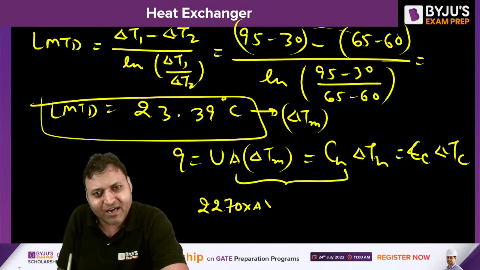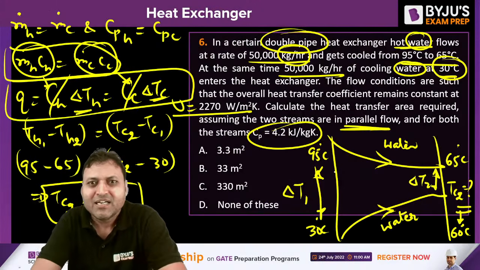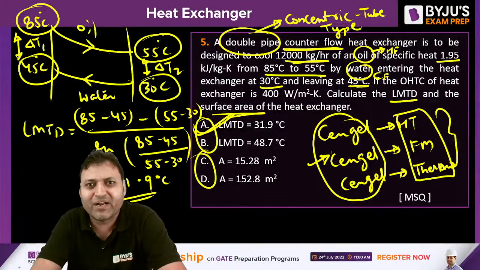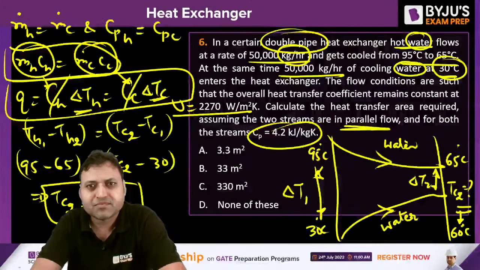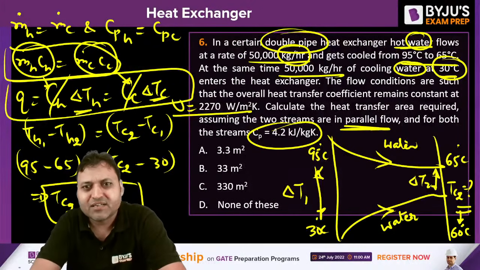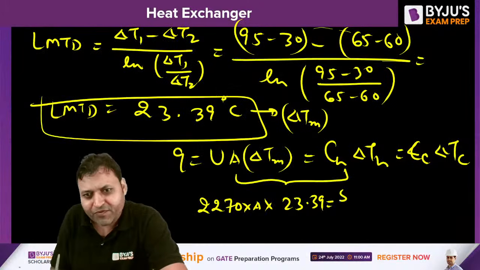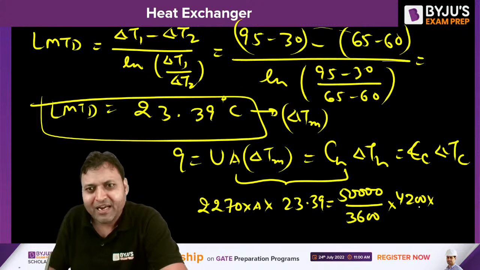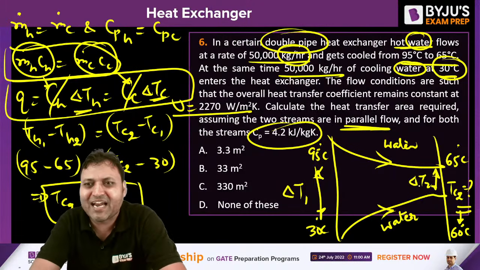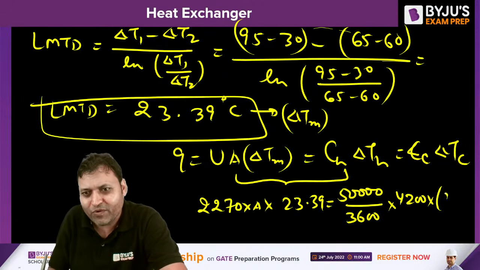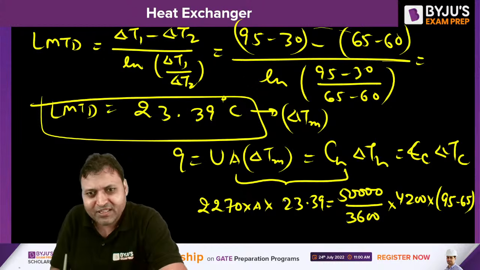2270 into area into 23.39 is equal to CH, that is the product of mass flow rate and specific heat. 50,000 and 4.2. So 50,000 divided by 3600 into 4,200 into delta TH, that is 95 minus 65, will give you the unknown.